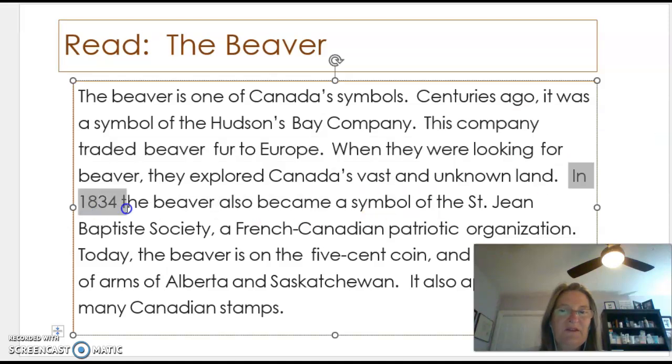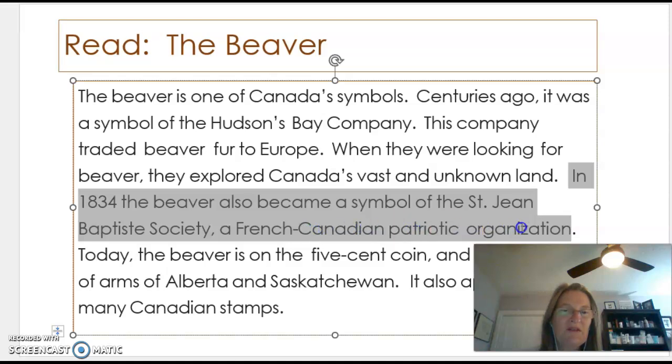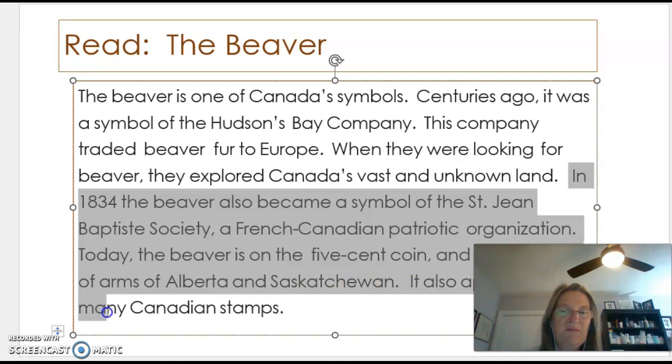In 1834, the beaver also became a symbol of the Saint Jean Baptiste Society, a French-Canadian patriotic organization. Today, the beaver is on the 5-cent coin and on the coats of arms of Alberta and Saskatchewan. It also appears on many Canadian stamps.